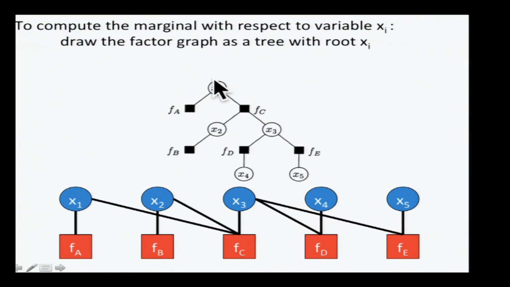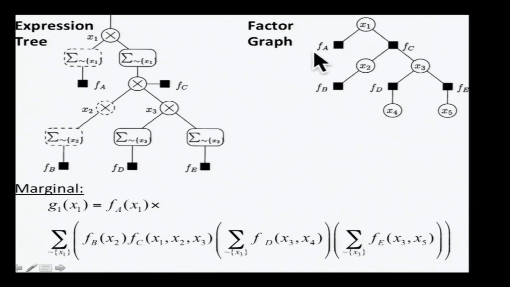Everyone see that these two representations are completely equivalent? I've just yanked x1 up to the top. So now this is a tree structure. So this is that factor graph that we just saw drawn as a tree. And this is what's called an expression tree, which is going to tell us how to compute the marginal over the structure of the graph.